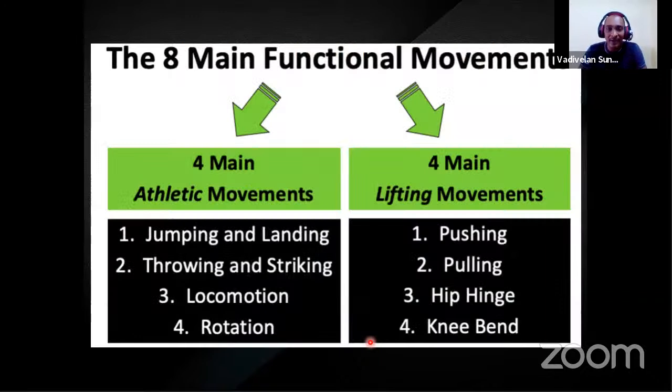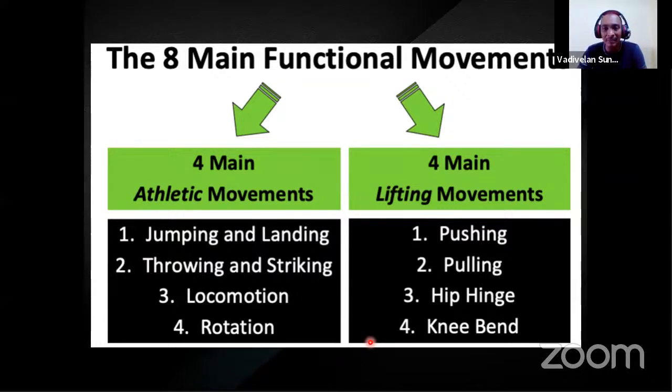So what are the main movements in functional training? They are athletic movements and lifting movements. Athletic movements are usually jumping, throwing, locomotion and rotation, and the lifting movements are pushing, pulling, hip hinge, and knee bend. Jumping we know, throwing we know, locomotion we know, rotation, pushing, pulling, everything we know.